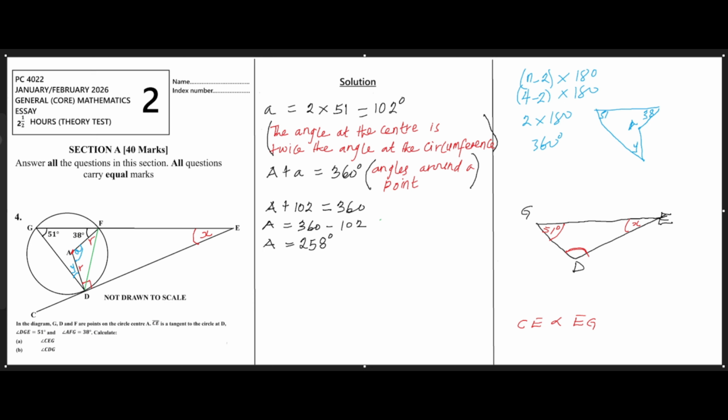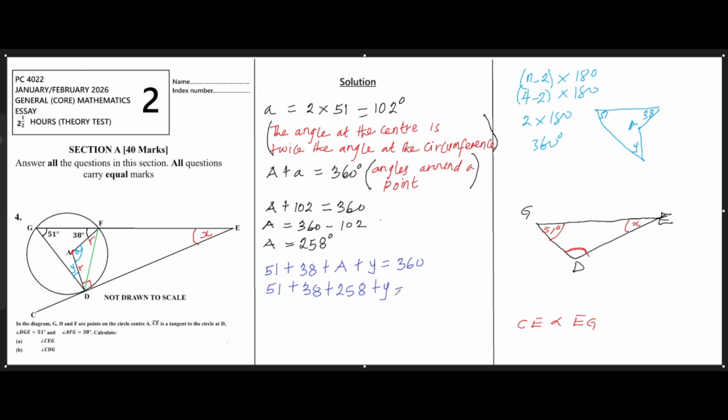So if that's the case, we can write down our equation. That is 51 degrees, this angle, plus the second angle, 38 degrees, plus the angle at the center, that is big A, plus y should be equal to 360 degrees. The measure of big A is 258.